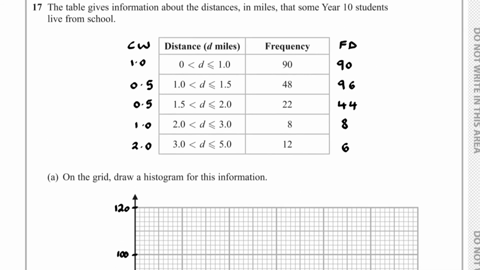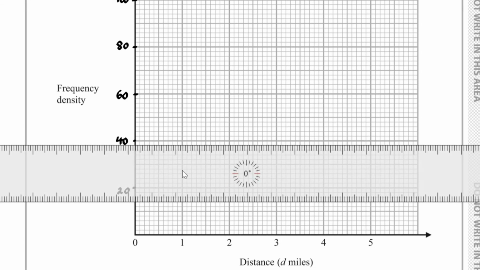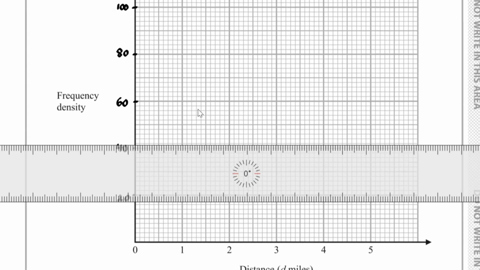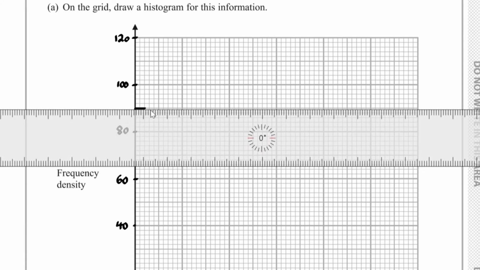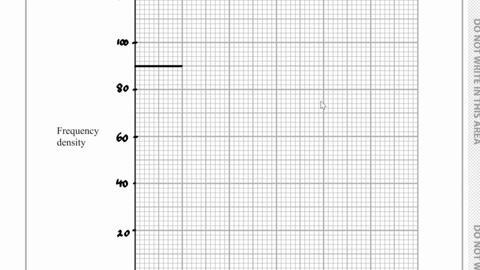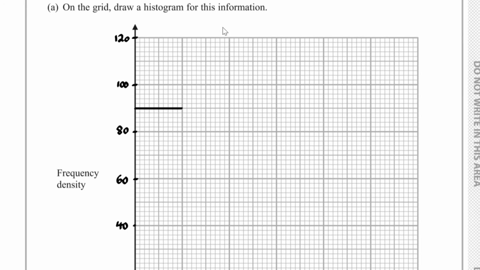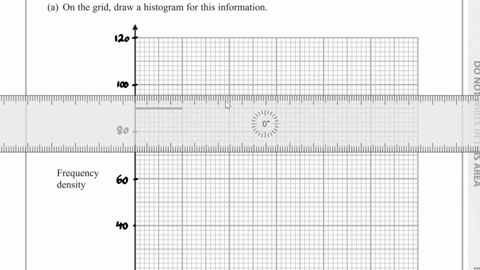So the first one I've got is 90. So 90, that is in between 80 and 90, and that goes up to 100, like so, and then draw a vertical line down. And for after that we've got 96, so 92, 94, 96 is over here, and the class width for that was 0.5.